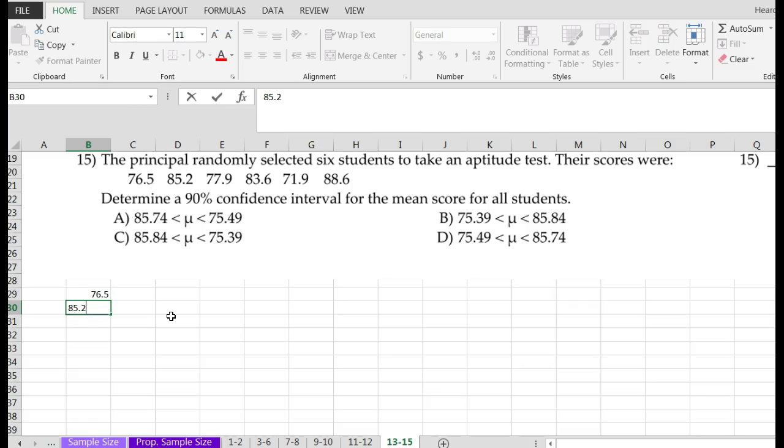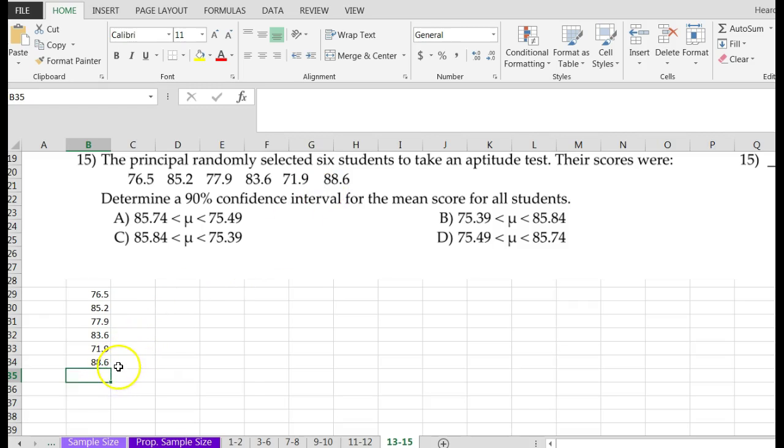They just gave us some rough data here, and I've got to find the standard deviation and the mean. 85.2, 77.9, 83.6, 71.9, 88.6. Let's double check these. 76.5, 85.2, 77.9, 83.6, 71.9, 88.6. All right, we got it.